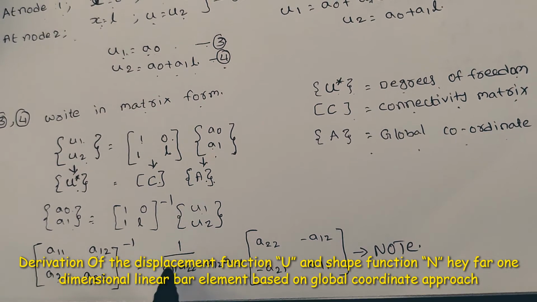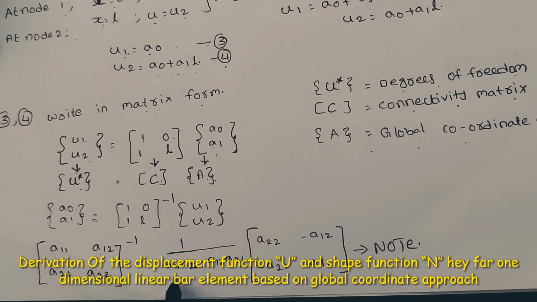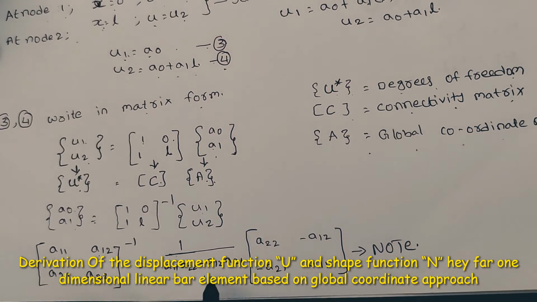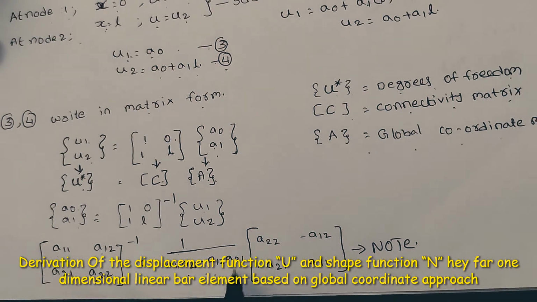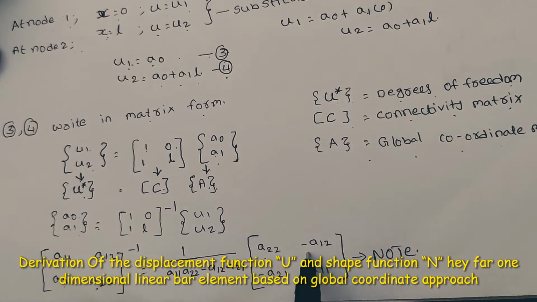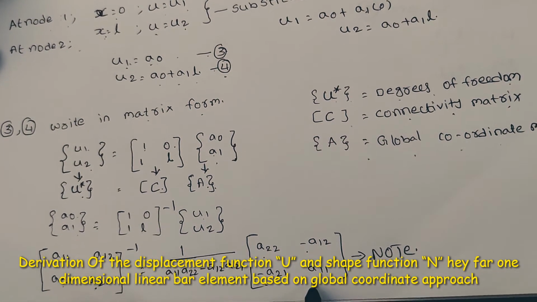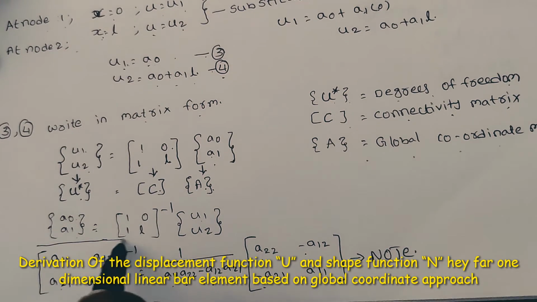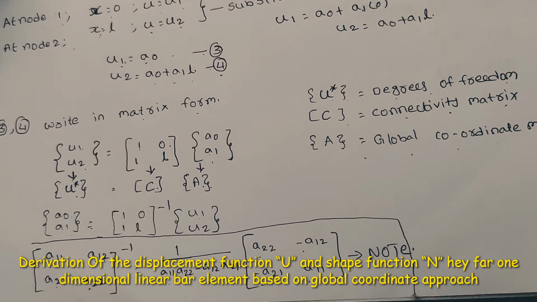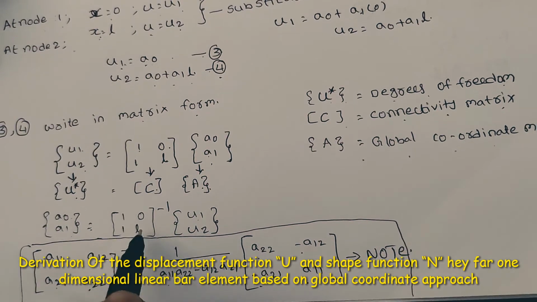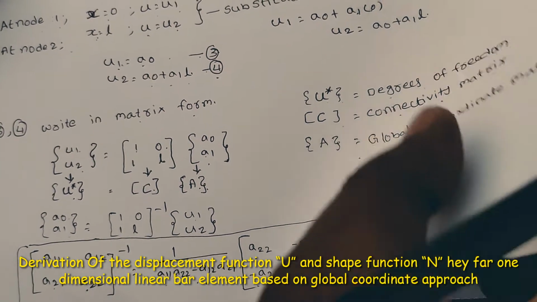The inverse formula is 1 by (a11 into a22 minus a12 into a21), times the matrix a22, minus a12, minus a21, a11. This is the formula we use for calculating the value of 1 0 1 L whole to the power of minus 1.